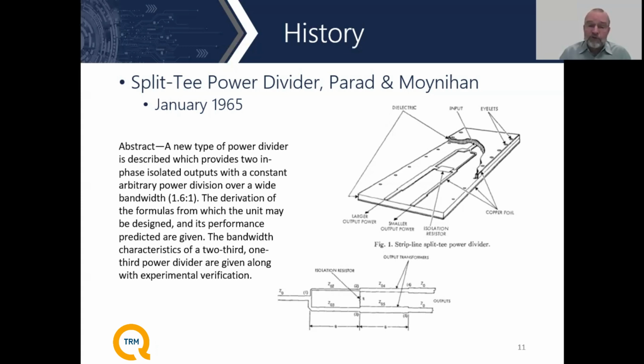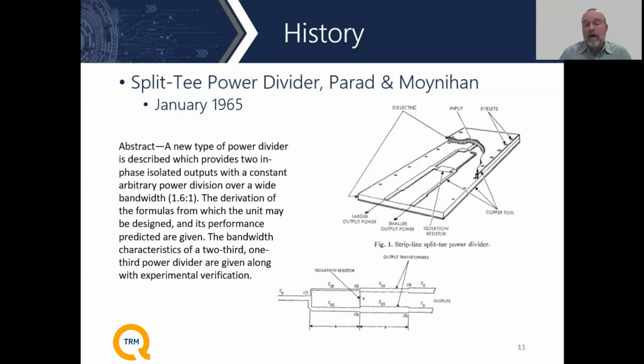The other thing that's interesting about this paper is that Wilkinson spoke about having equal power division. This paper spoke about not only can you do equal power division, you can also put a taper on it if that's necessary as well.